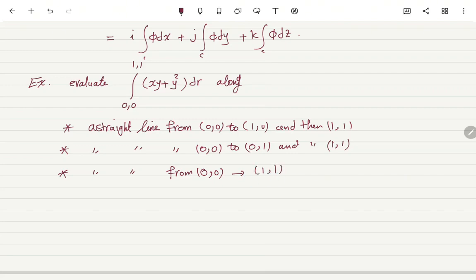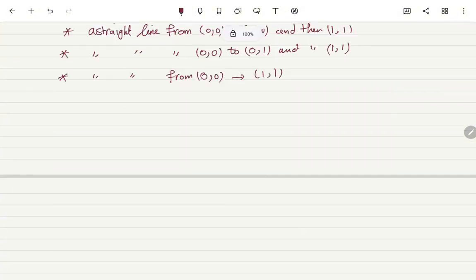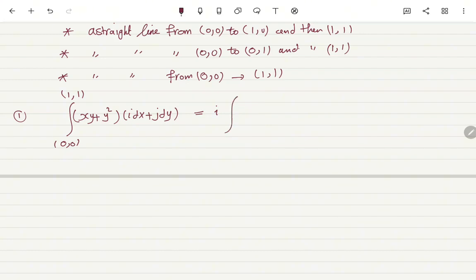Now let's start with the first one. The integration is from 0 0 to 1 1 of xy plus y square times i dx plus j dy, equal to i integration from y equal to 0 to 1.